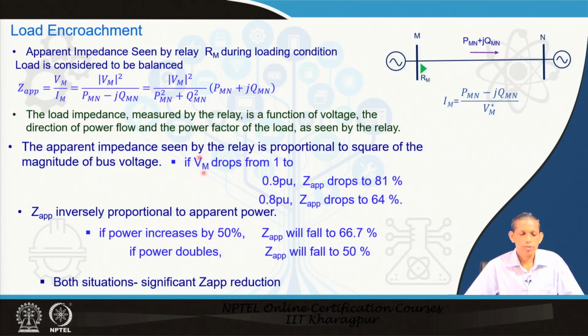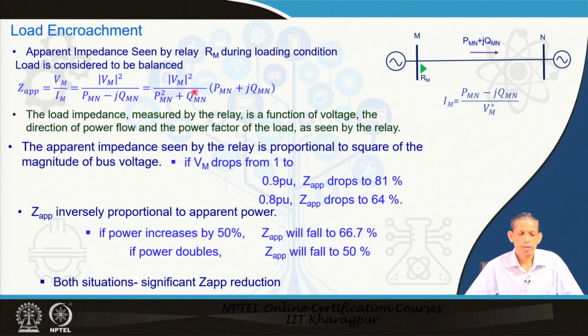So, if the apparent power increases by 50%, then the Z apparent falls by 66.7%, and if the power becomes double, then the Z apparent will fall by 50%.